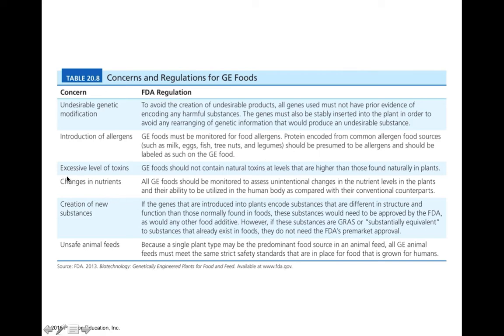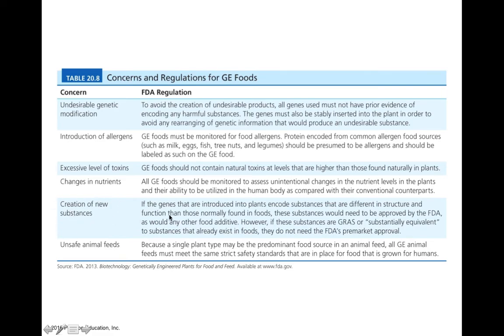Additionally, a concern is that we might have excessive levels of toxins, so we want to make sure that genetically engineered food doesn't have any natural toxins in it at levels that are higher than those found in the natural plant. And the nutrient status has remained unchanged, so we want to make sure that GE food is monitored to make sure that we don't have any unintentional changes in nutrient levels, or that we have any new substances created.